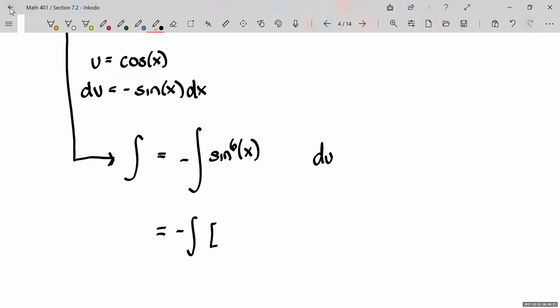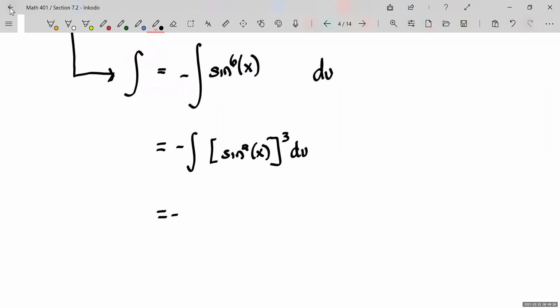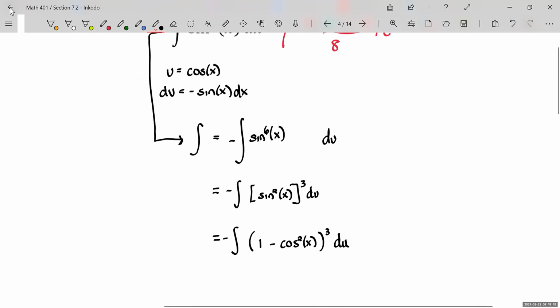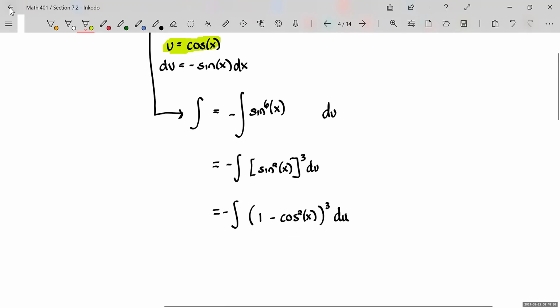sine to the 6th is the same thing as sine squared to the 3rd. And sine squared is 1 minus cosine squared. And cosine was our original substitution. So that's going to be 1 minus u squared in that integral.